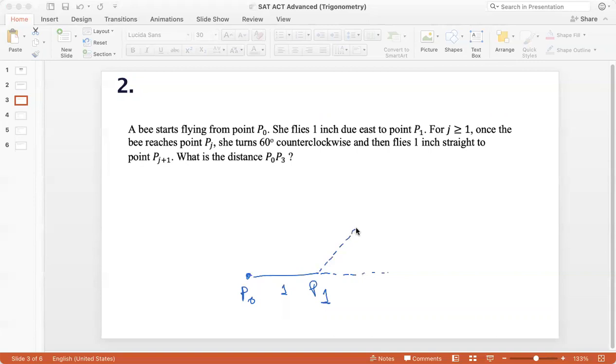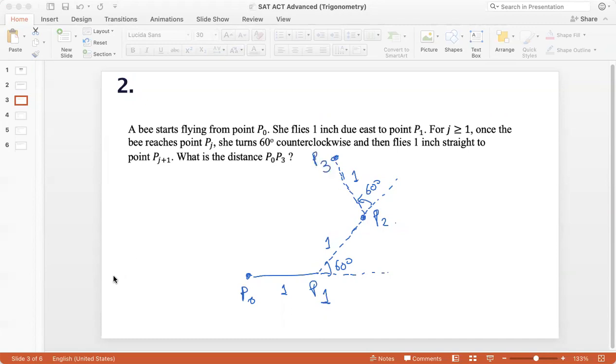She turns 60 degrees counterclockwise and flies 1 unit to, this would be P2, right? And again, she does that at P2, let's say, so she turns counterclockwise. So that would be 60 degrees here. And she flies 1 inch again to P3.